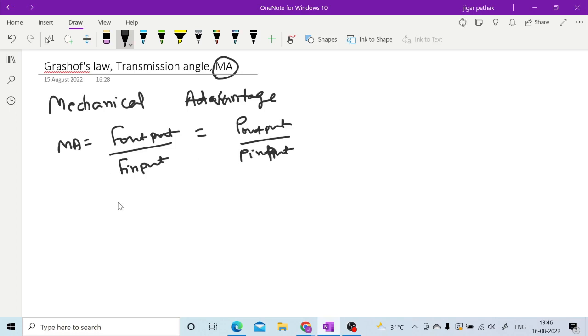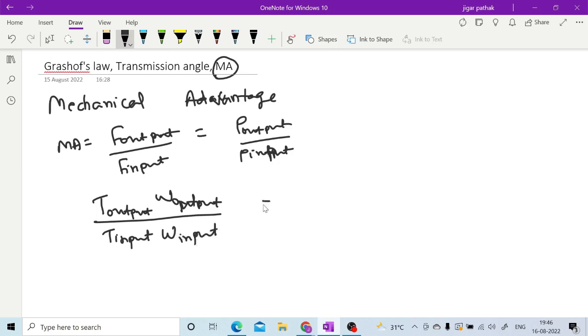Power is nothing but torque into omega, so you will have torque output into omega output divided by torque input into omega input.